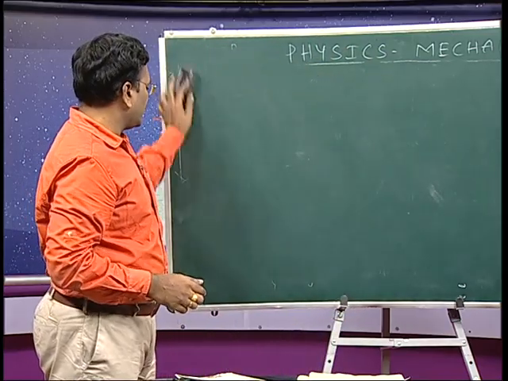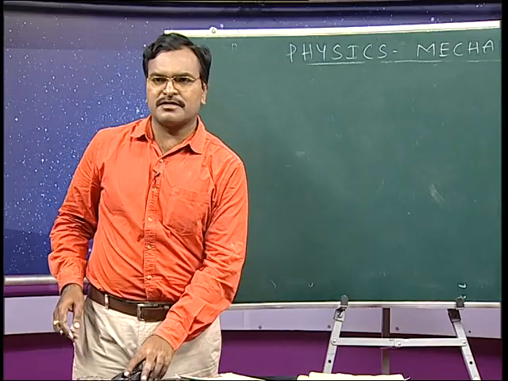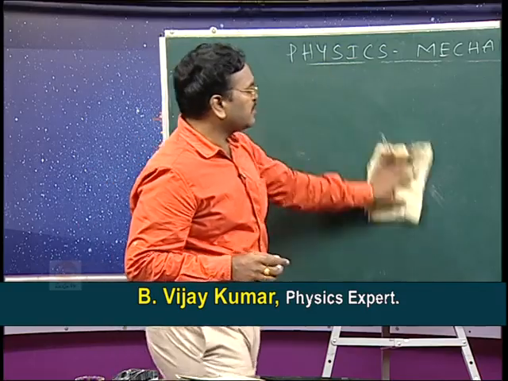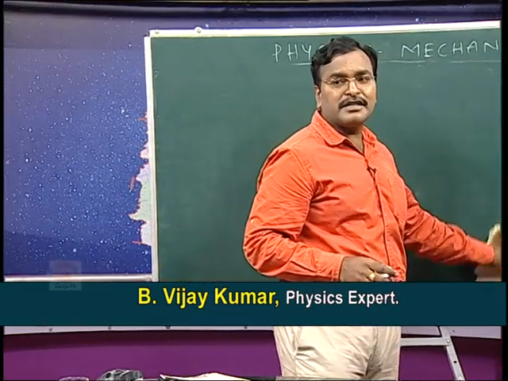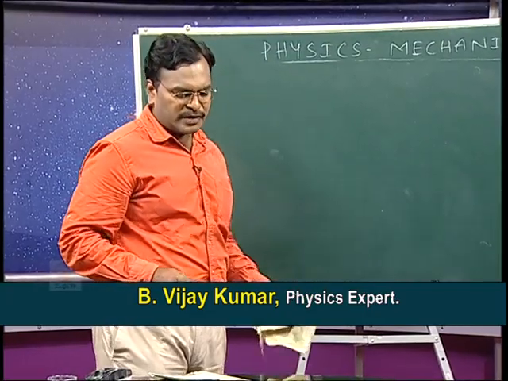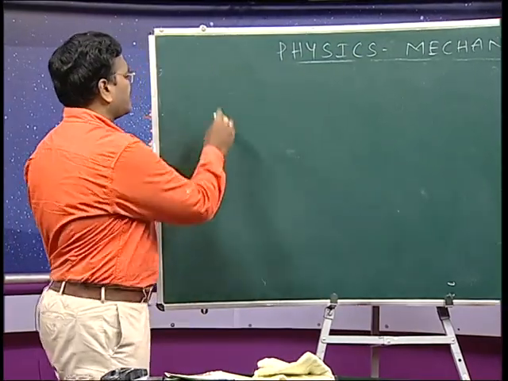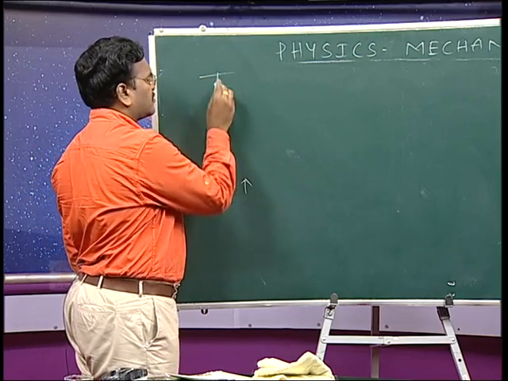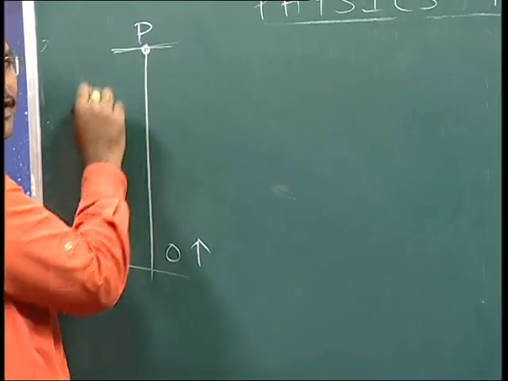When a body is projected vertically upwards, the highest point reached by the body, or the maximum vertical displacement of the body from the ground, is called maximum height.